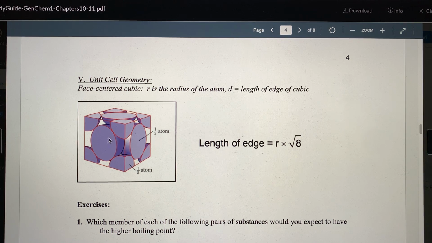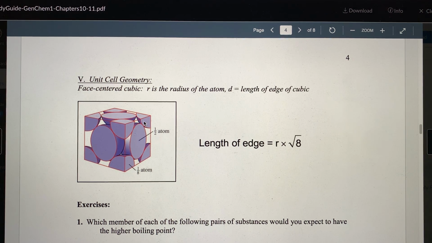It's 1/4 and then divided by 2 because this is only half. So that's why it's 1/8. Okay, so if you know the length of the cube, when you chop it up and look at it under X-ray or something, when you look at the unit, you know the length of the cell, which is the D, you can figure out R. By doing the math, Pythagorean theorem, right triangle, you figure out the radius is going to be the length of the edge divided by square root of 8.